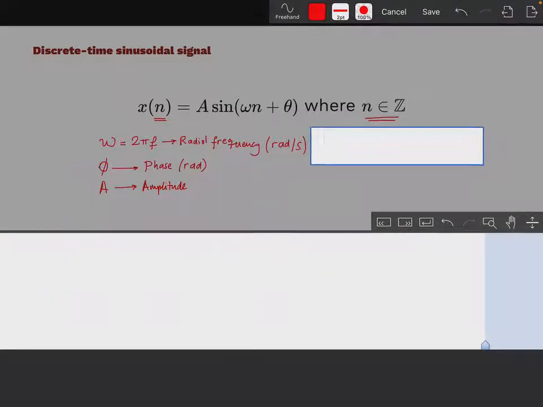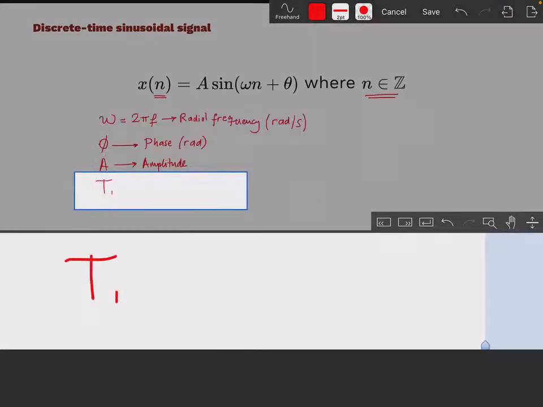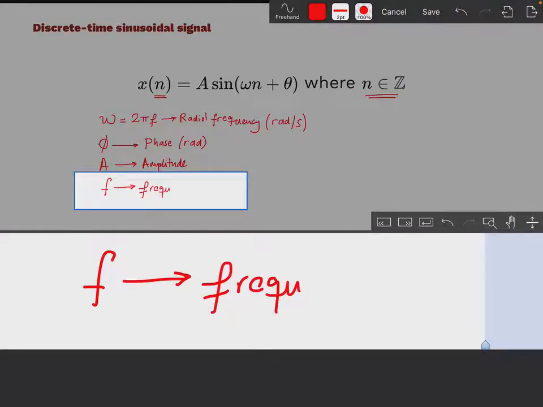And we have, I'm sorry, we have F, which is frequency, which is number of oscillations per sample.